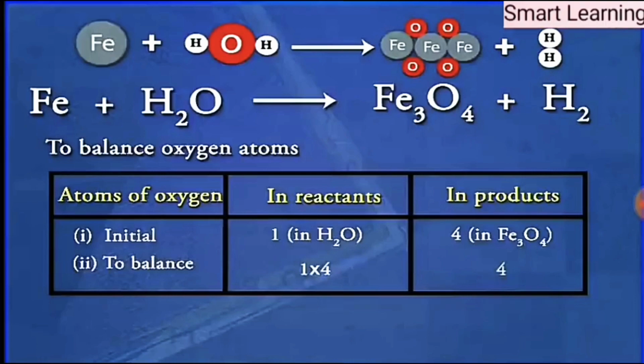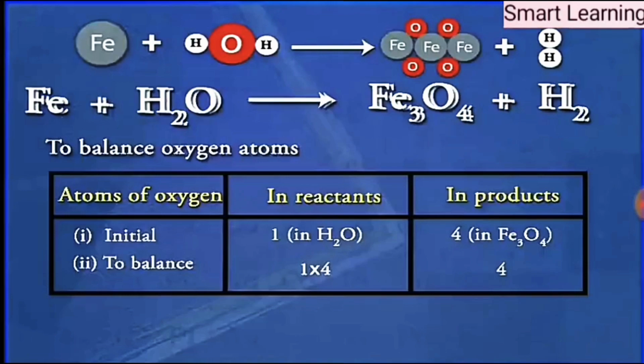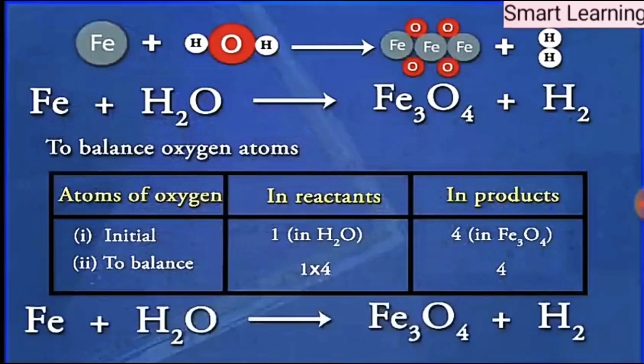We must also remember that the formula of the compound or the elements involved in the reaction cannot be altered to equalize the number of atoms in the equation. This can be explained well in the given example. Here, to balance the oxygen atoms, we put the coefficient 4 before H2O as 4H2O.